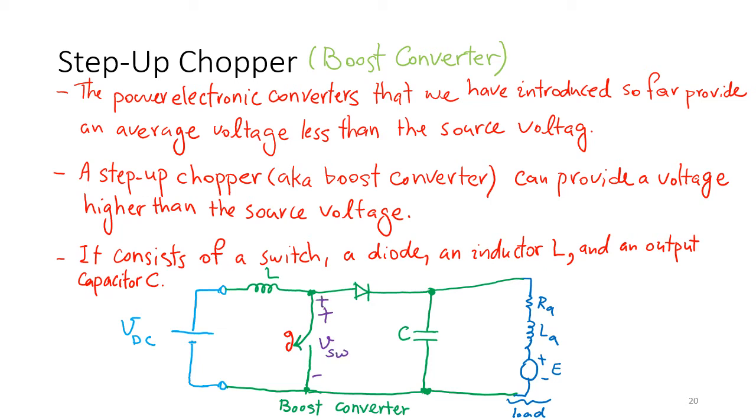Here we have our diode, the voltage across it is VD. Here we have the output voltage. The voltage across the load is the voltage across the capacitor, very much the same voltage.